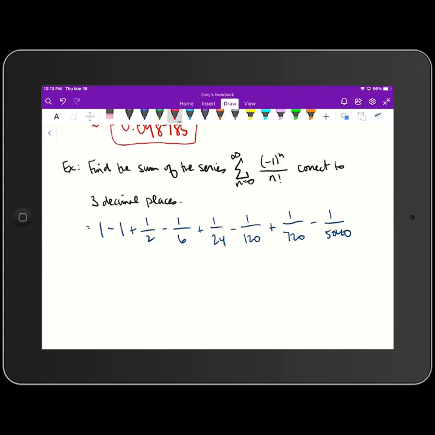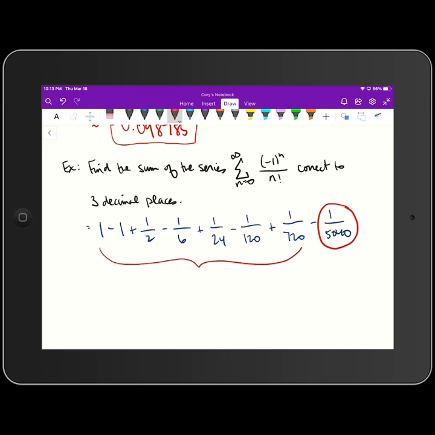This fraction right here is smaller than 1 over 1,000, so that's our first neglected term. When we add up the first 7 terms, we find they approximate the value of that infinite series correct to 3 decimal places.